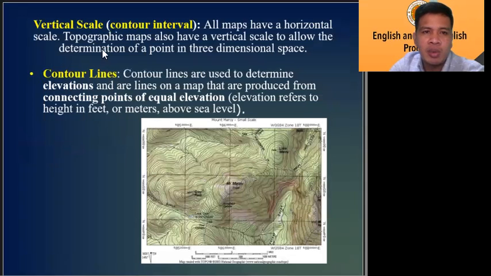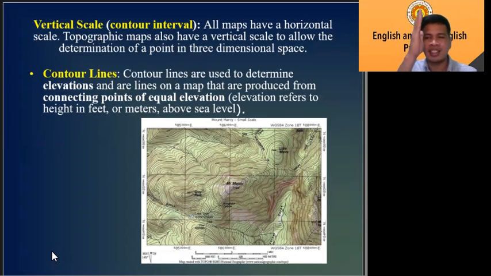We have here a vertical scale or a contour interval. All maps have a horizontal scale. Topographic maps also have a vertical scale to allow the determination of a point in three-dimensional space. On my next slide, I'm going to show you how to do that.